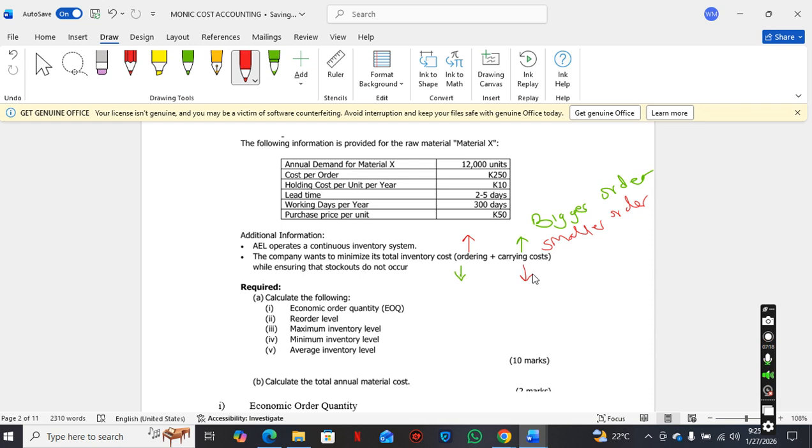Sir, you can shed more light on how the cost will go up if you order less, and go down if you order more. If you order less, it means you have to make more orders, right?